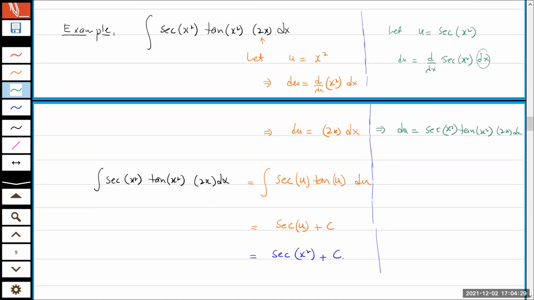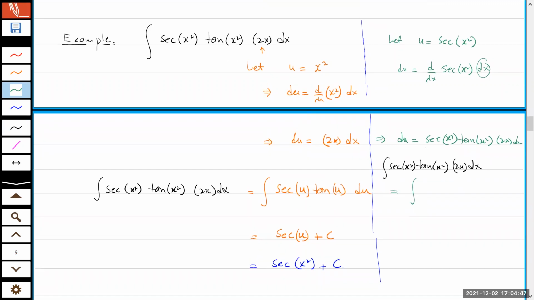When we rewrite the integral, this gives us secant x squared tangent x squared 2x dx equals, all this secant x squared tangent x squared times 2x dx has become du, and I'm left with only one in my integral.